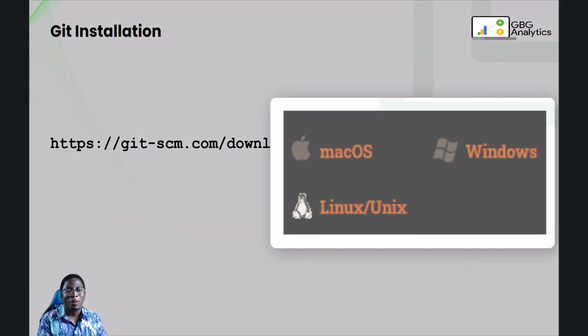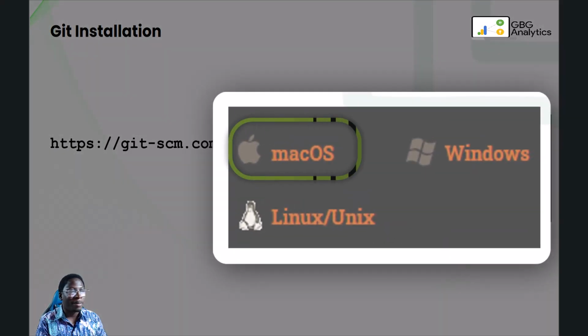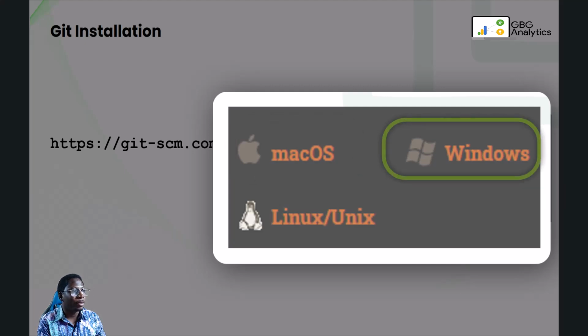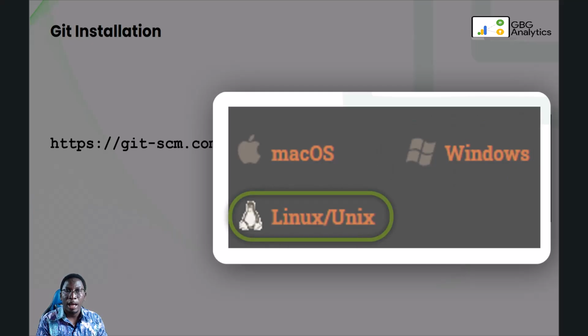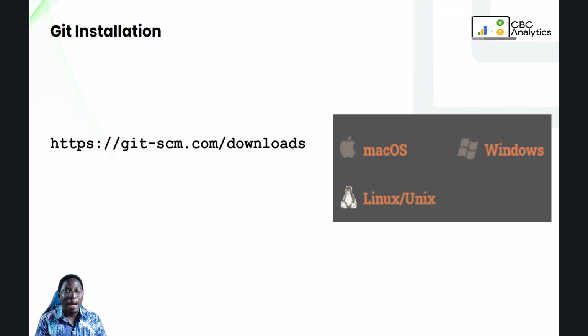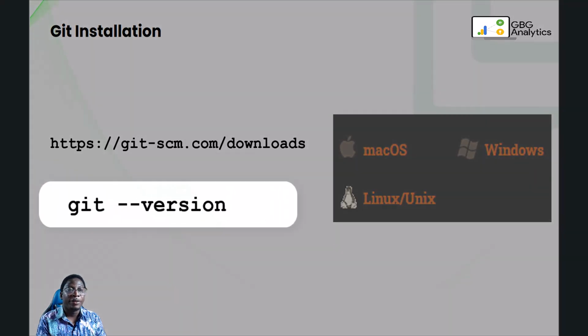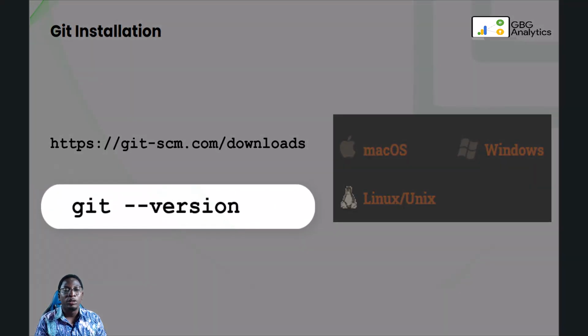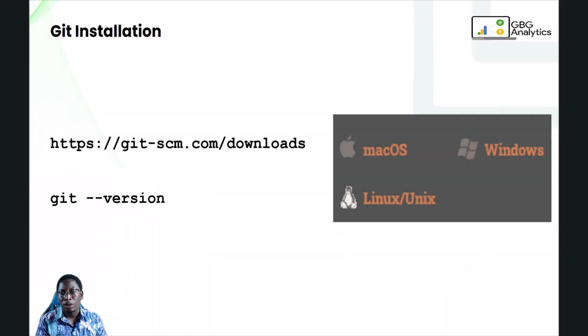For example, for macOS, click on the macOS download link, for Windows, you will click on this when you get to this website, and for Linux or Unix, you will click on this for the Linux computer. After installation, verify the setup by running git --version, and this will show you whether Git is actually installed successfully or not.